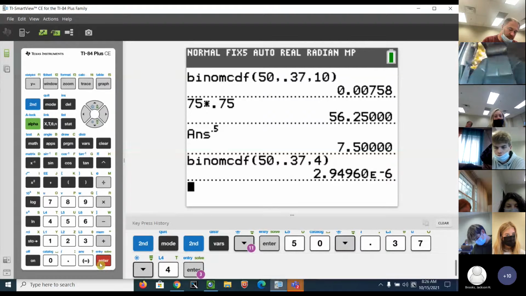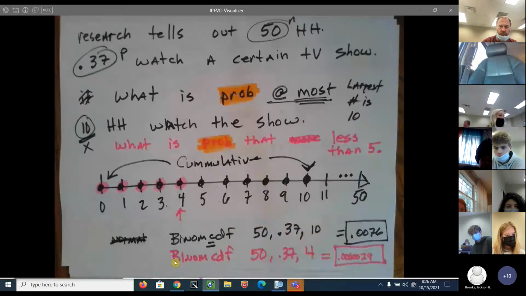Okay, so that's the answer there. Basically, zero probability that 4 people are watching the show. The show must really suck.